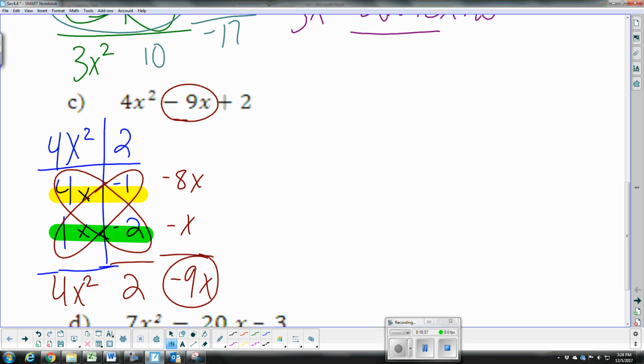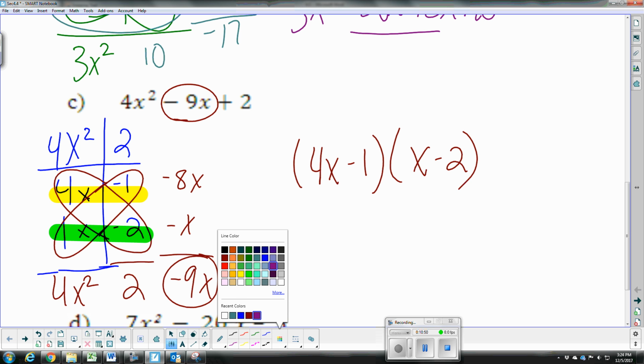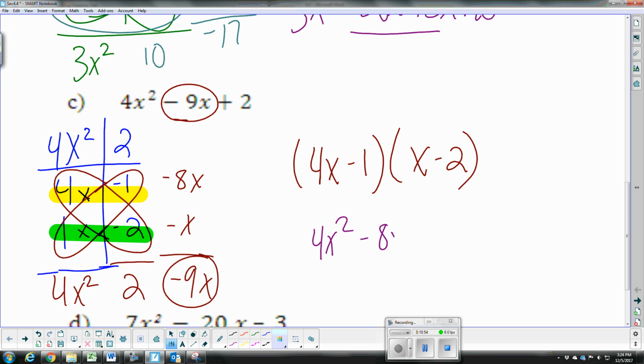So when I write this out in factored form, I have 4x minus 1 times x minus 2. And again, I'm going to use FOIL just to double check my answer. So I get 4x squared minus 8x minus x plus 2, which is exactly what I want. -8x minus x is -9x.